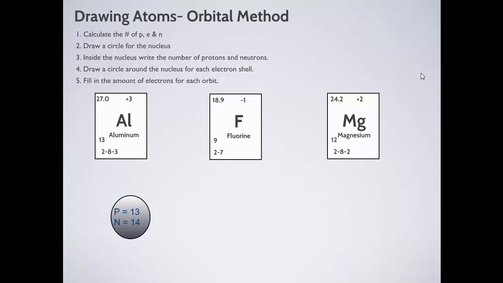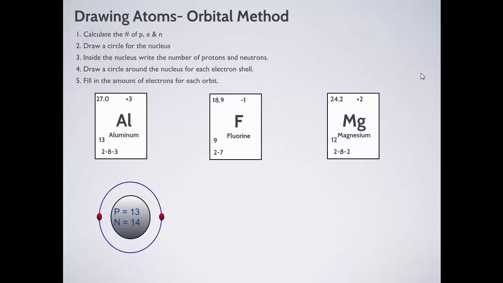Yeah, these bottom three numbers tell us where these electrons might be located. So we draw a circle to represent each electron shell. So here's the first shell, the one closest to the nucleus. And there's only 2 electrons in that shell. In fact, this first shell can only hold 2. It's pretty small. It's located close to the nucleus, so it doesn't have a large radius.